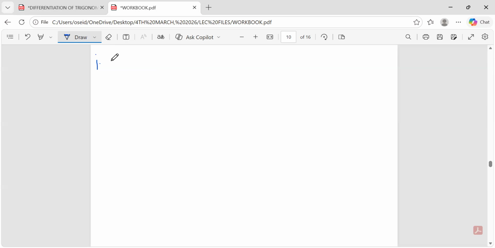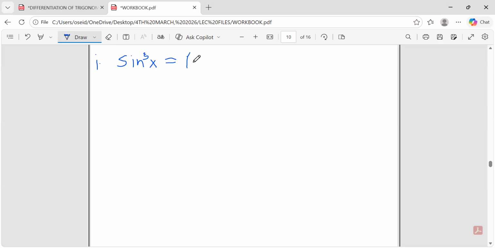Example one, which is I. It says sine 5x, which is the same as bracket sine x, exponent 5.